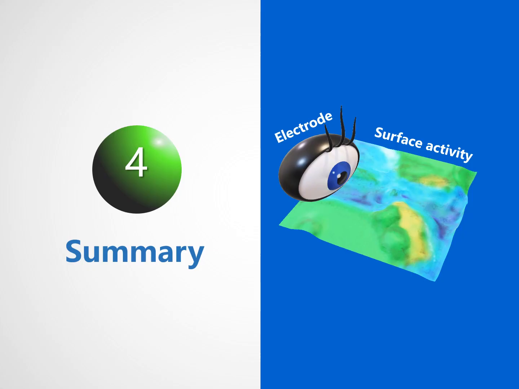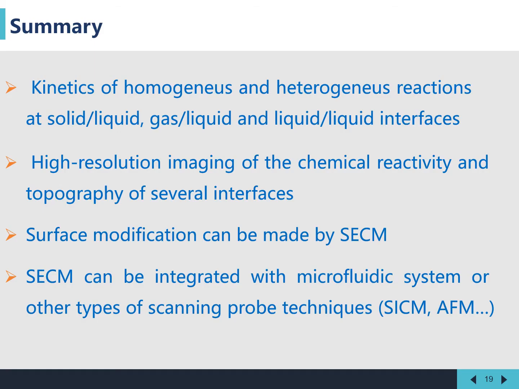So now you understand the basic principles of SECM, and you saw several examples of its application. The summary is that if you take SECM, you can see a new world through electrochemistry. SECM can measure the kinetics of interfaces between solid-liquid, gas-liquid, and liquid-liquid.